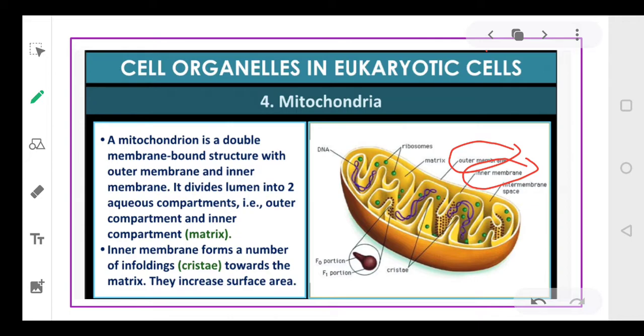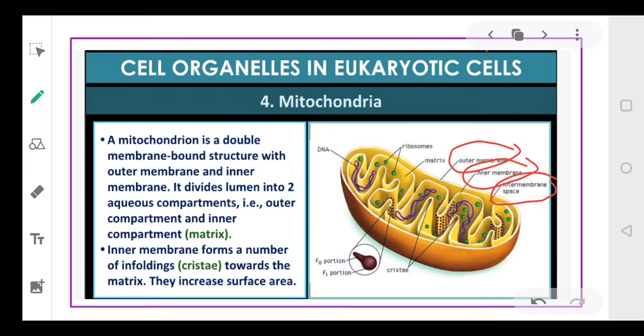That is called the intermembrane space. So there is an outer membrane, there is an inner membrane, and the space between the two membranes is called the intermembrane space. Okay everyone, what do we call this space? We call it intermembrane space.